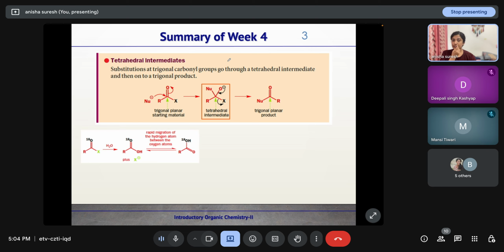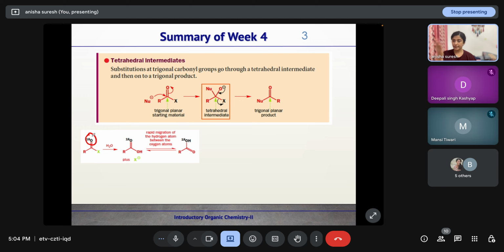How was the existence of the tetrahedral intermediate confirmed? It was through an oxygen labeling experiment. If we have a carboxylic acid derivative where the carbonyl oxygen is labeled as O18, in the presence of water, water will add to the carbonyl carbon and a tetrahedral intermediate will form.